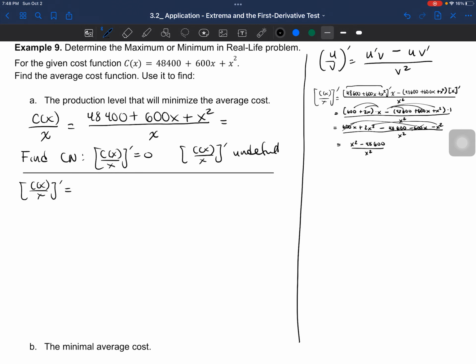So if we go back over here, that is the derivative all over x squared. So to find the critical numbers, this is going to happen when this is 0, or whenever this is undefined.